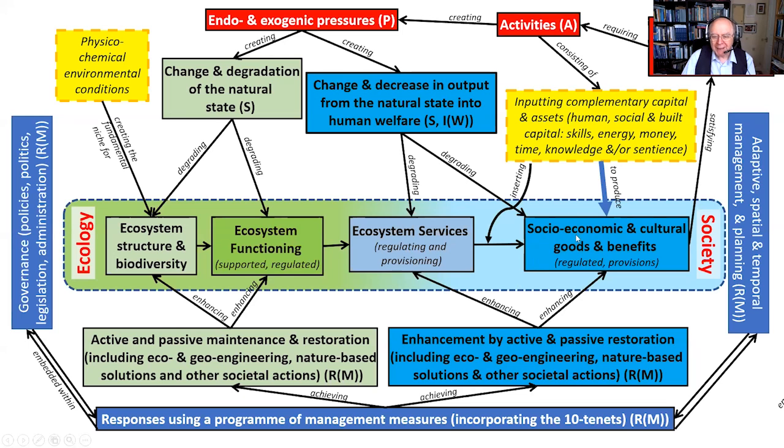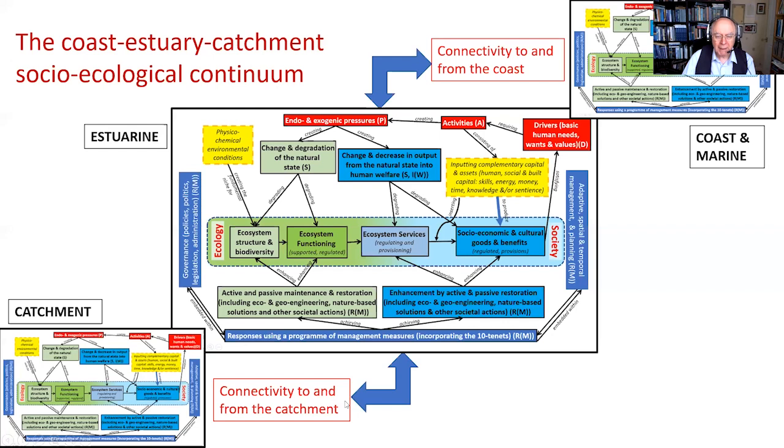You have to put something into the system to get these benefits out. So when things are going wrong, we have to do something. We bring in management, and that's what these other boxes are about, on maintenance and restoration and carrying out management measures and governance and so on there. And I can come back to that.